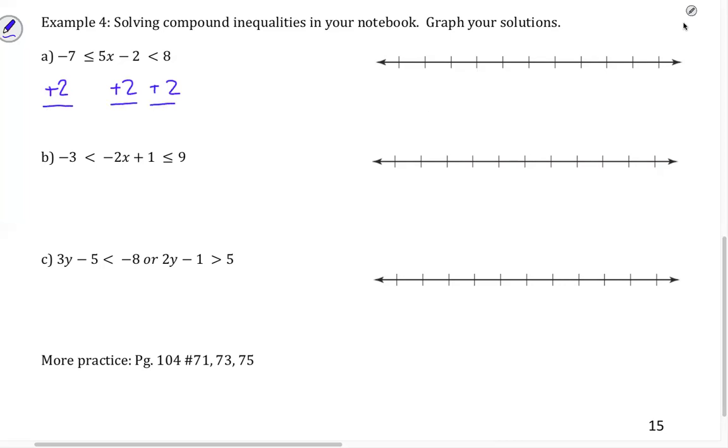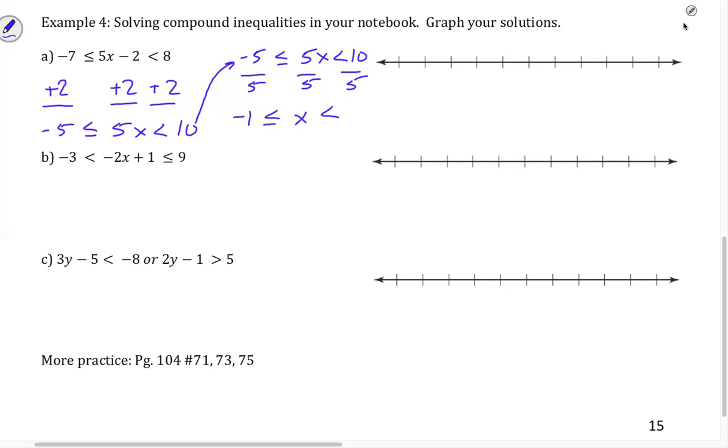So negative 7 plus 2 is negative 5. 5x in the middle. 8 plus 2 is 10. Is that what you got, Julia? Yeah. All right, I need more room, so I'm going to write it up here. Then what did you do, Julia? Divided everything by 5. Yeah, so we're going to divide each piece by 5. So I got negative 1 is less than or equal to x, which is less than 2.